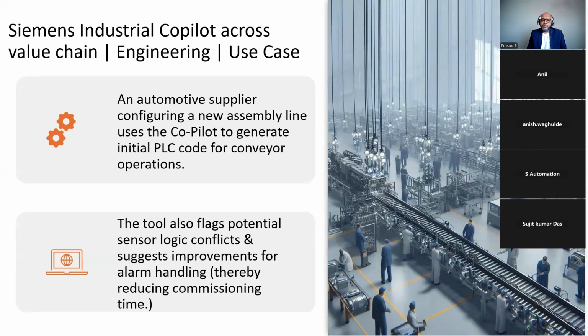But now the Copilot will itself find the conflicts in the logic. For example, we have generally seen that if one output is written twice, the output will not turn on when it comes to Siemens. So Copilot will be able to analyze that kind of conflict or any incorrect logic that has been programmed and come up with suggestions.